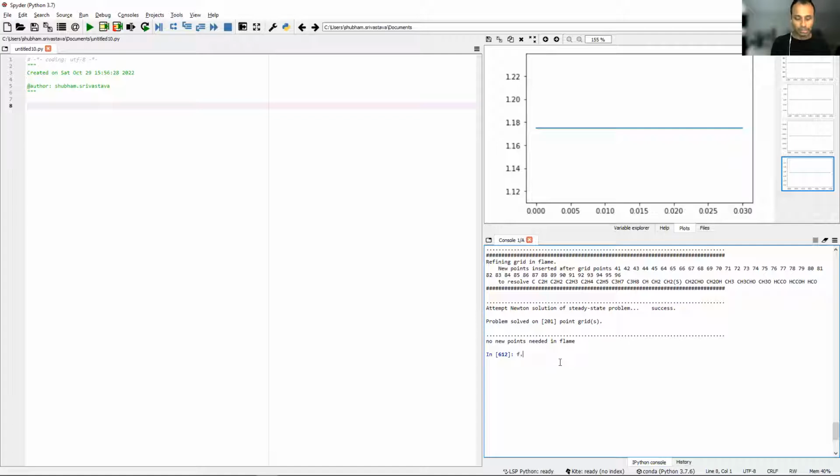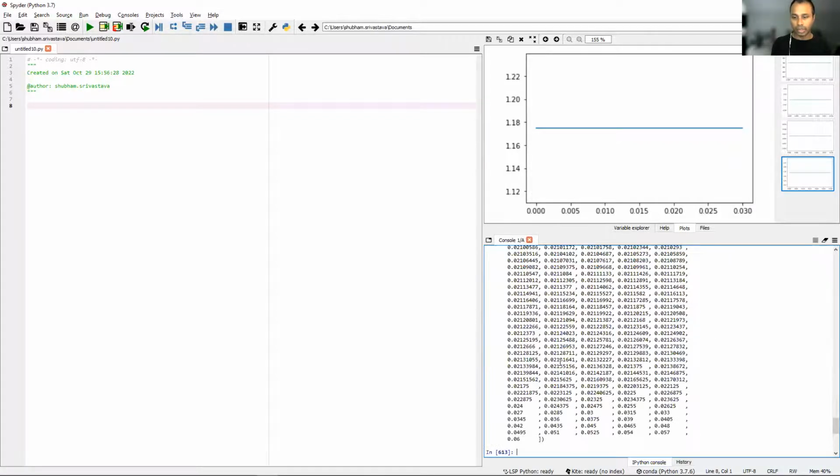You can also see that. If we write f.grid, you see so many numbers pop up. These are the coordinates of each of these grid points. As we've done in the past, let's look at some of these outputs.